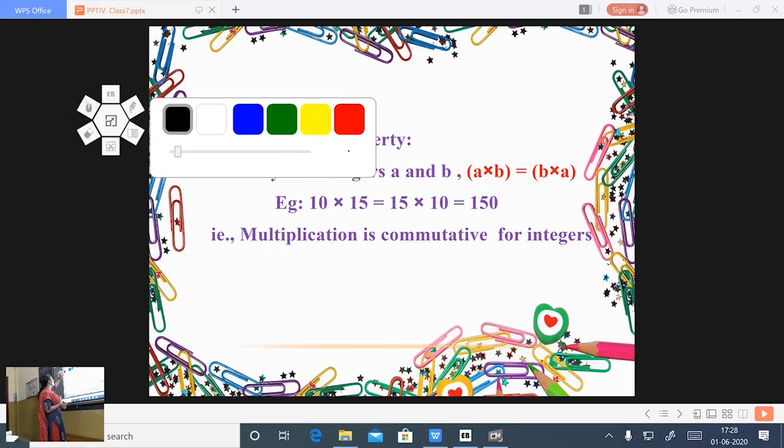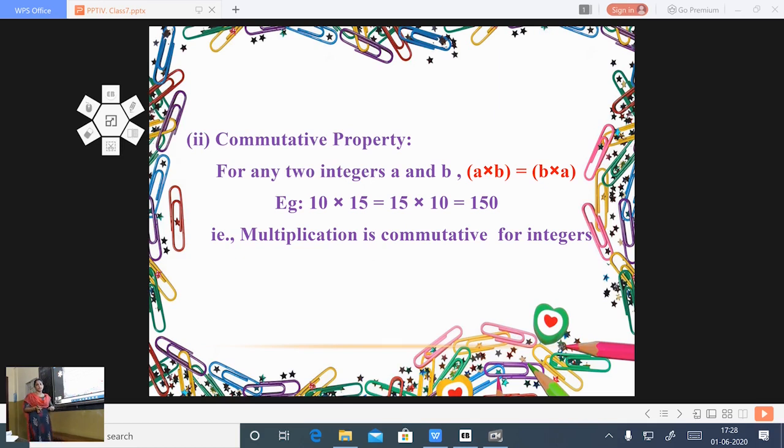What was the commutative property for addition of integers? If you add two integers in any order, the answer remains the same. So here we have to check whether the product of two integers in any order gives the same answer or not. Okay. So we can consider two numbers 10 and 15.